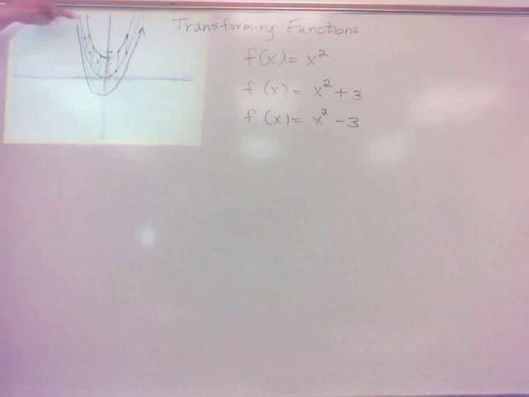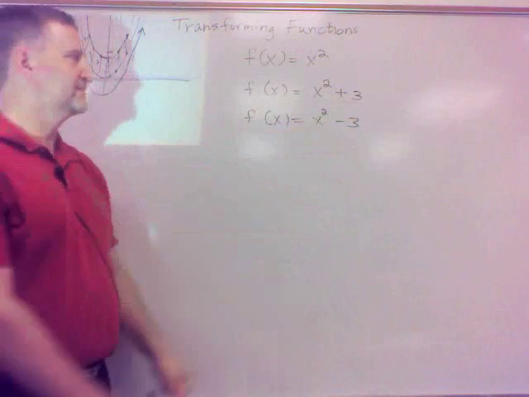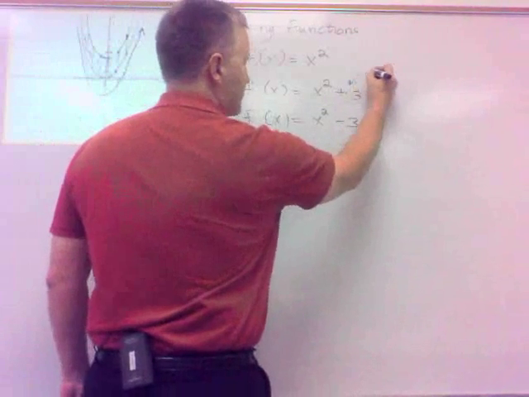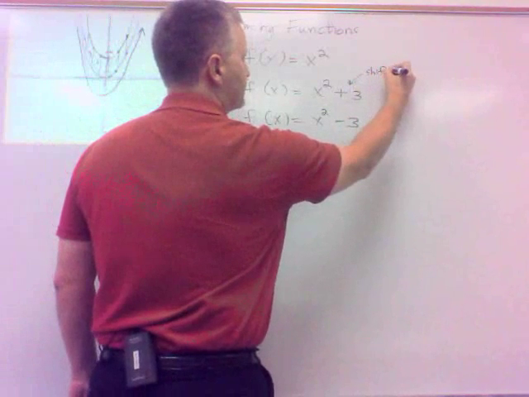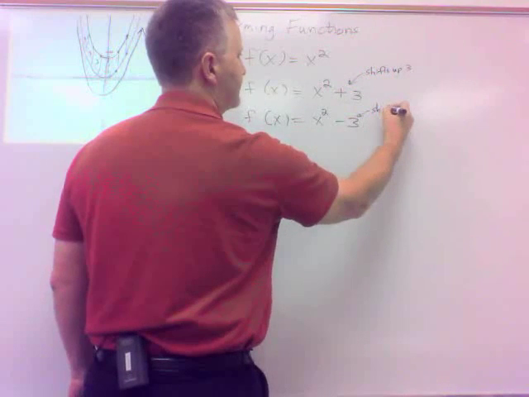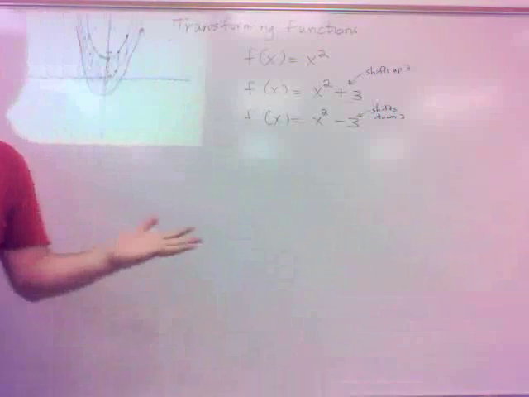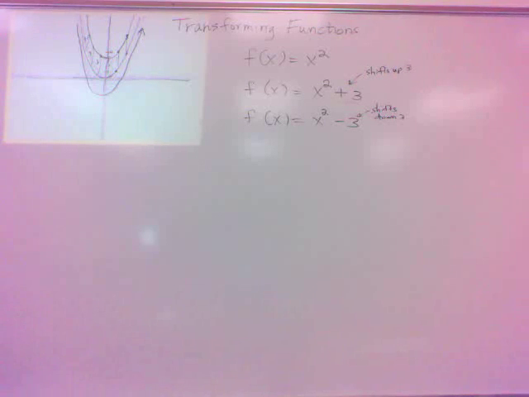So we got x squared plus 3, here's x squared, and then the bottom one now is x squared minus 3. So just probably what we were expecting, right? If we have a minus 3 there on the outside, what's that going to do? This, we say, shifts it up 3, the graph, and this is going to shift it down 3.